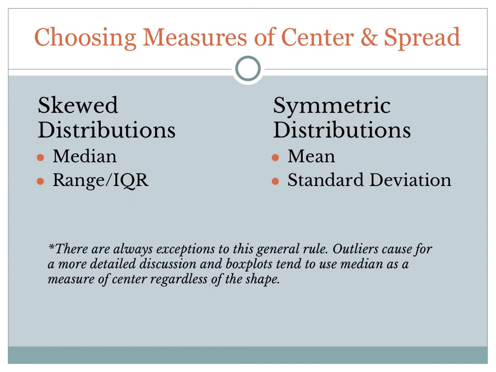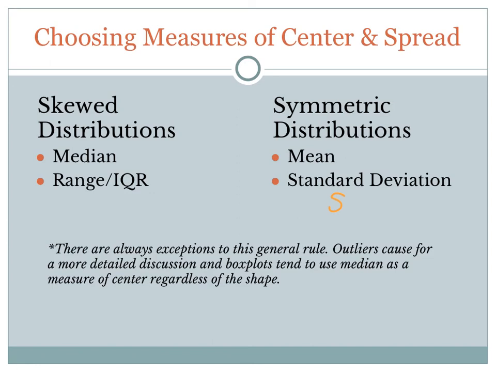Choosing between these two might depend on whether or not you have some unusual values. On the other hand, if we have a symmetric distribution, we'll use the mean as a measure of center and the standard deviation, specifically usually S, since we're working with samples, in order to describe the spread for those distributions.